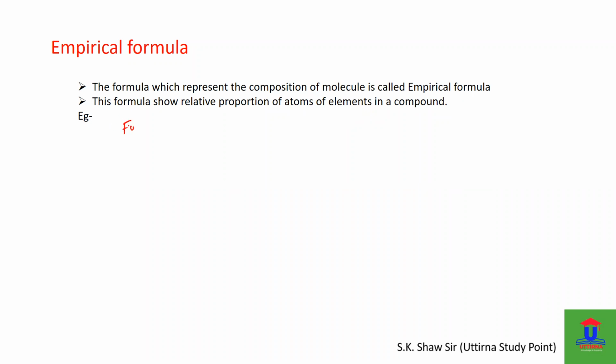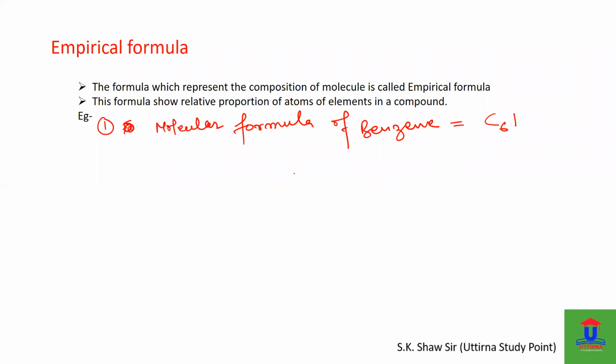What is the molecular formula of benzene? Anyone? C6H6. So if you take the ratio of the number of atoms of carbon and the number of atoms of hydrogen, it is 6 is to 6, but in the simple whole number ratio, it is 1 is to 1.